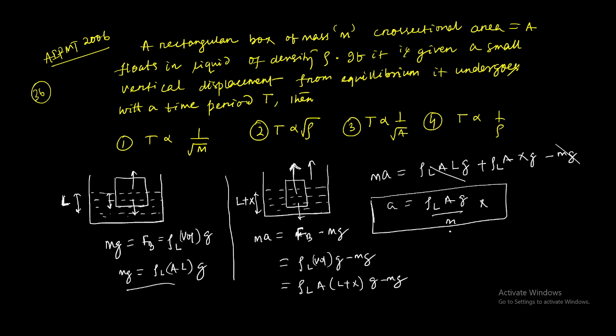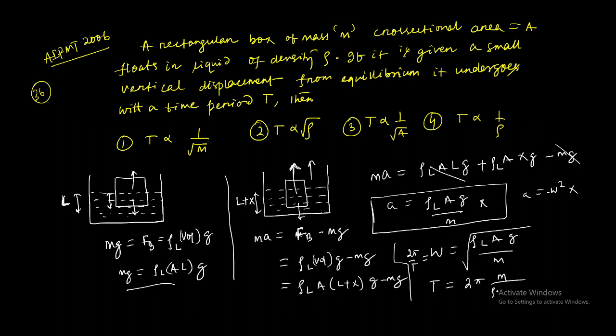Now you can get the time period easily because you know that acceleration equals minus omega squared x. The minus is showing that the acceleration is in the opposite direction of the displacement. So omega you can get as the square root of rho L A g divided by m. Omega equals 2 pi by T, so T equals 2 pi times the square root of m divided by rho L A g.